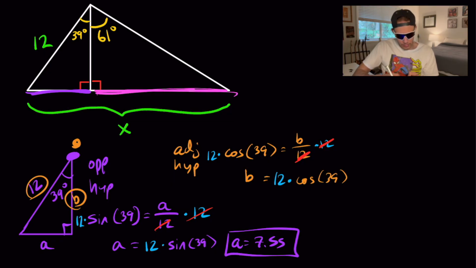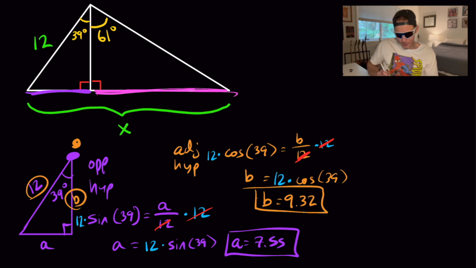Plug that into the calculator. 12 times cosine of 39. It's going to give us B is equal to 9.32. We'll call it. All right, so we have figured out this side length. We can call it B.